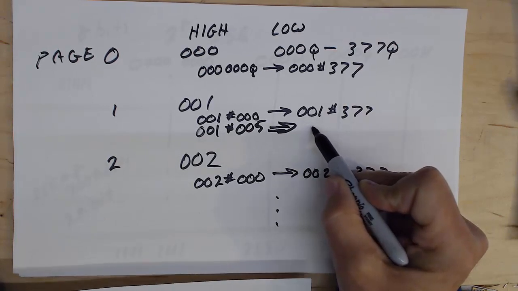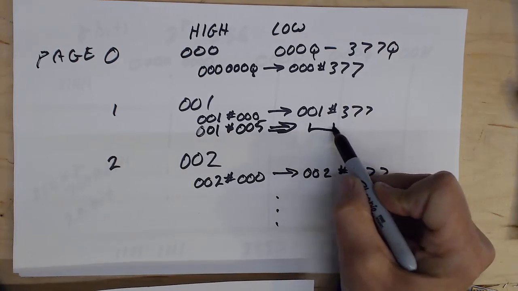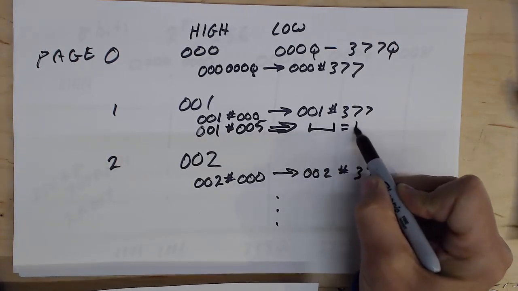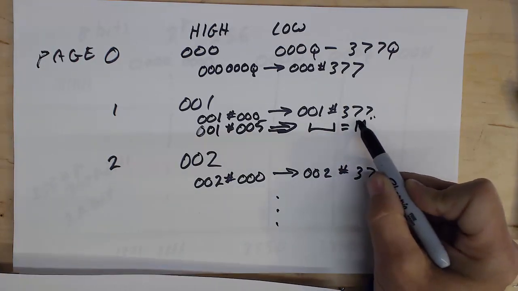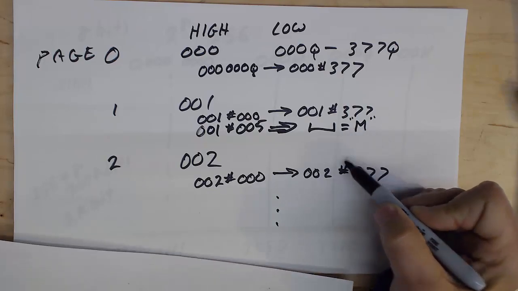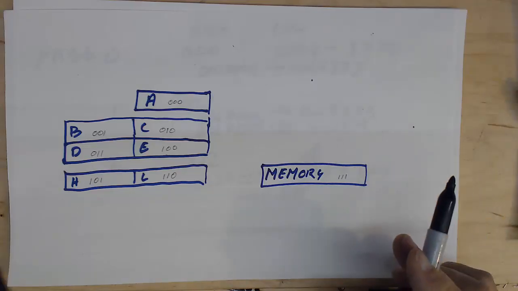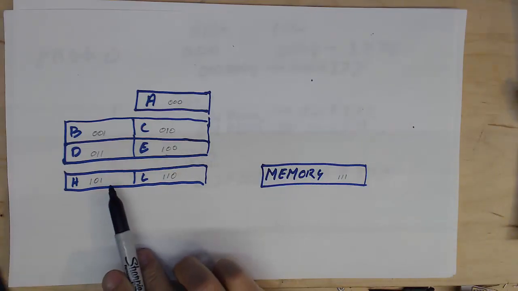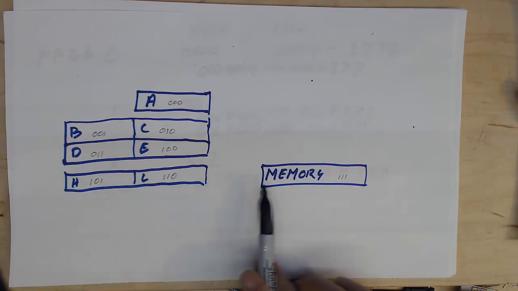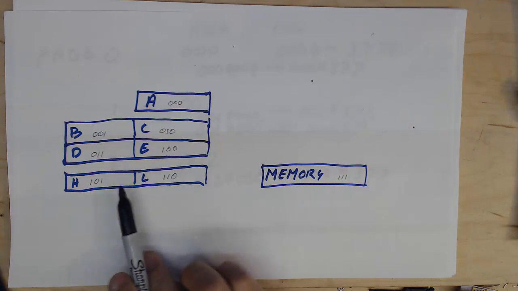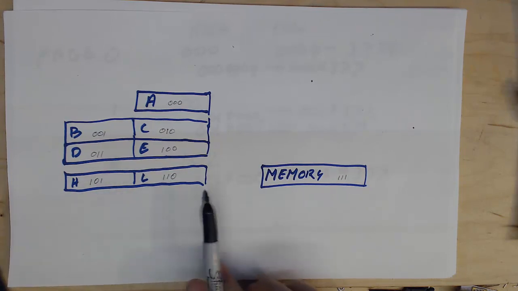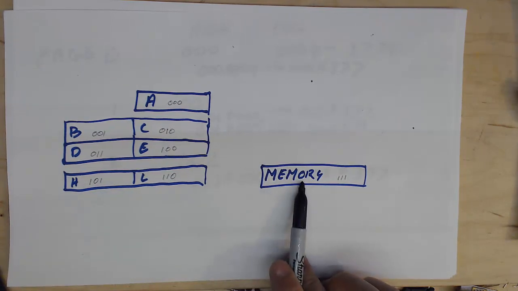That location has some value in it, and that value is whatever we get or whatever we put in when we use the so-called M, or memory register. So we have to know what HL are, or we have no idea which memory location we're pointing to, so we have to set up the HL pair so that we know where the M register is addressing.